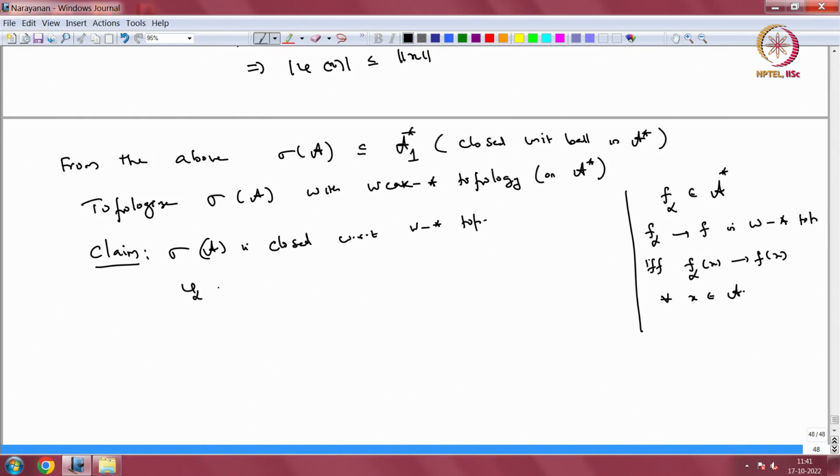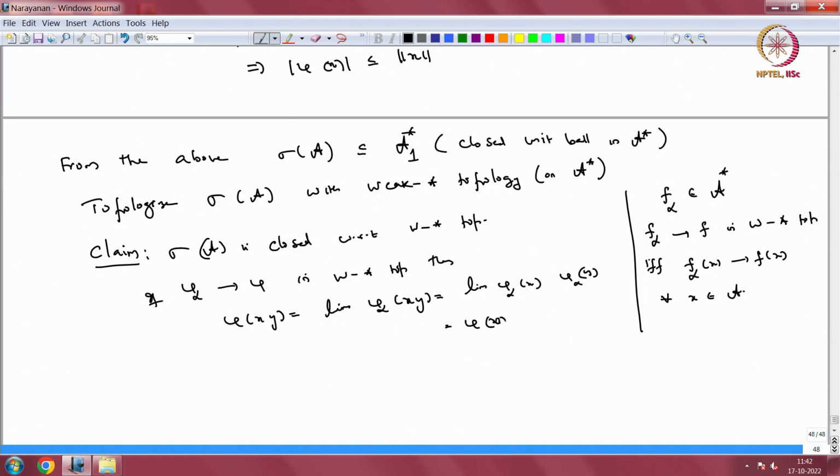So, phi alpha converges to phi in weak star topology, then phi of x y equals limit phi alpha of x y, which equals limit phi alpha x times phi alpha y, because phi alpha is multiplicative, which is equal to phi x phi y, right. Pointwise convergence will preserve all these properties, that is a very straightforward assertion.